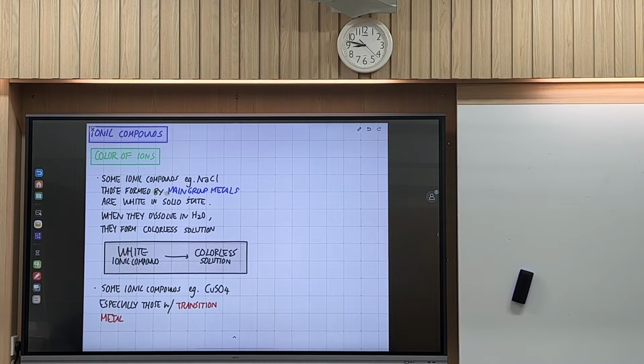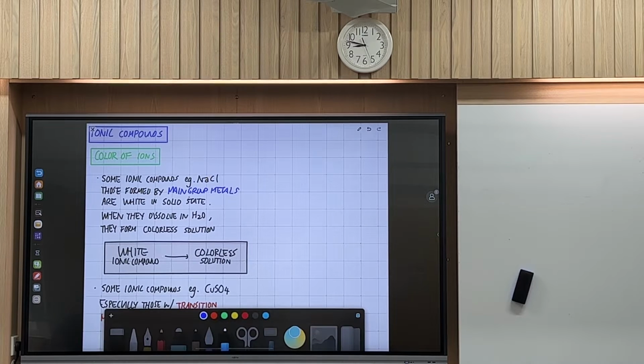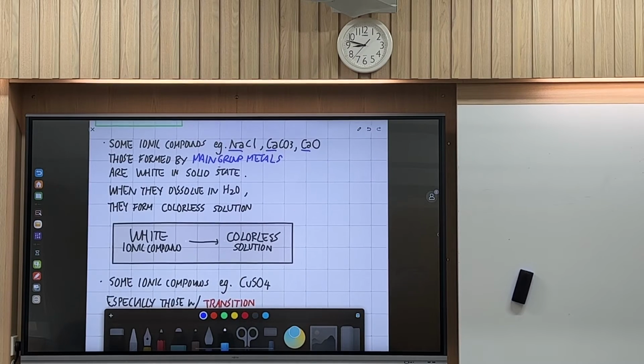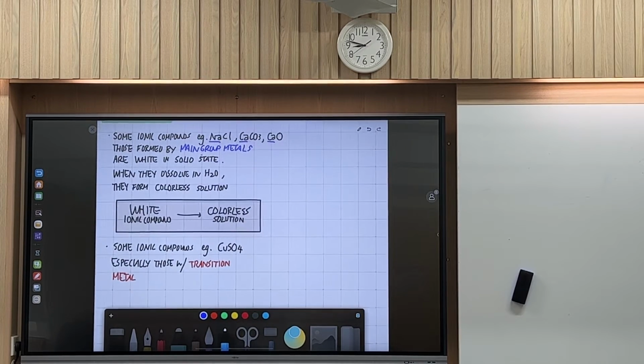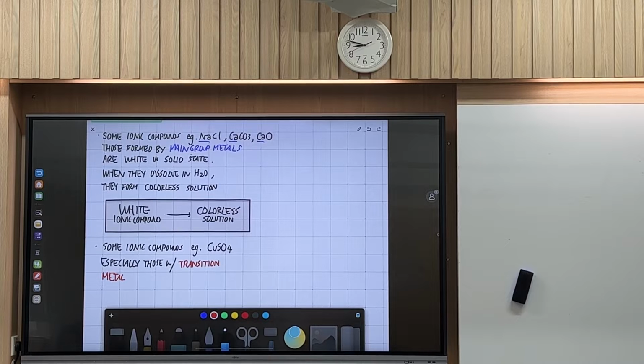Ionic compounds formed by main group metals like calcium carbonate, sodium chloride, just to add a few, calcium oxide. As long as they contain a main group metal, they are white in solid state and they form colorless solution. And then ionic compounds with transition metals like copper sulfate, iron nitrate, so Fe(NO3)2.